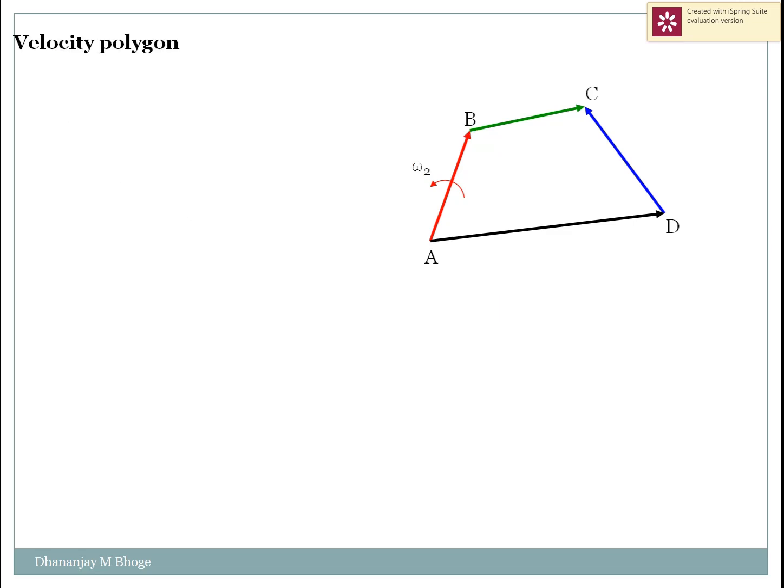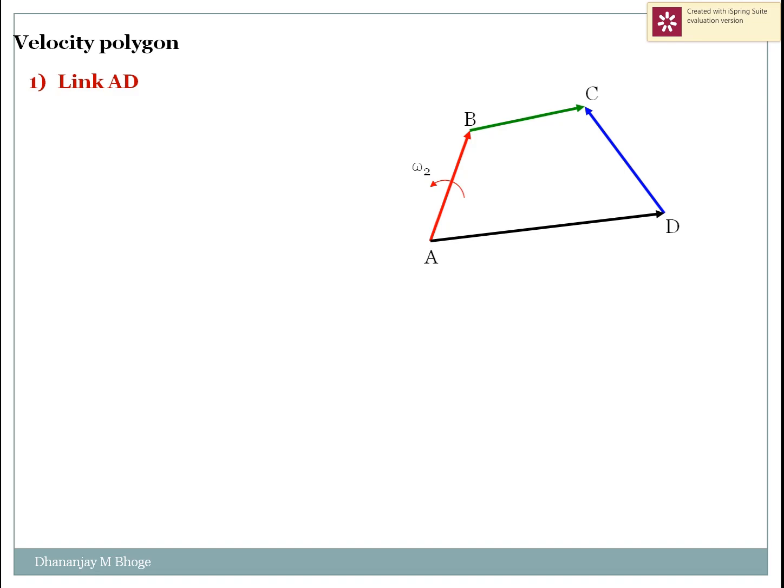Now let us begin with, we'll suppose that the configuration diagram is drawn to the given dimensions using some suitable scale. Now first of all, let us consider fixed link AD.